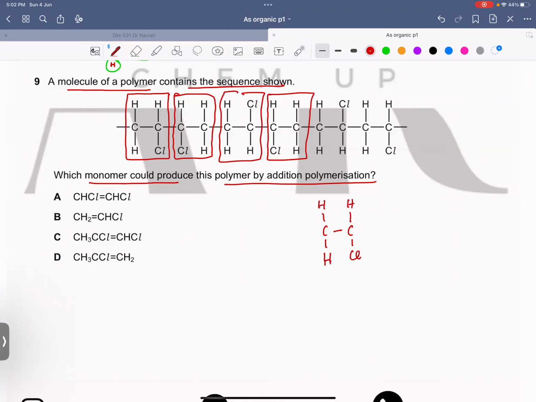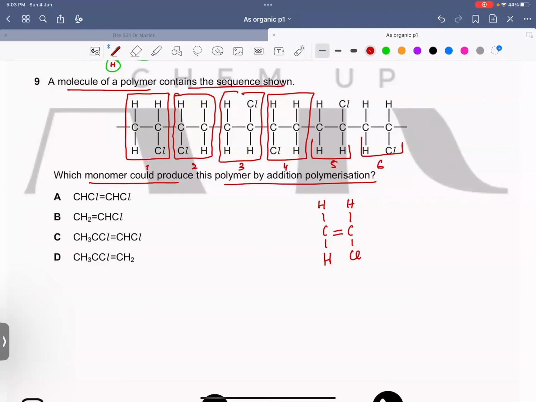If you look at any one of the structures, whether 1, 2, 3, 4, 5, or 6, you will find this thing is common, that there are 2 carbon atoms, and out of these, 1 has 2 hydrogens and 1 has 1 hydrogen and 1 chlorine. Yes, Abdullah, good. Then if I have to make the monomer, what I will do is put a double bond and remove the bonds from the sides. So this is my monomer.